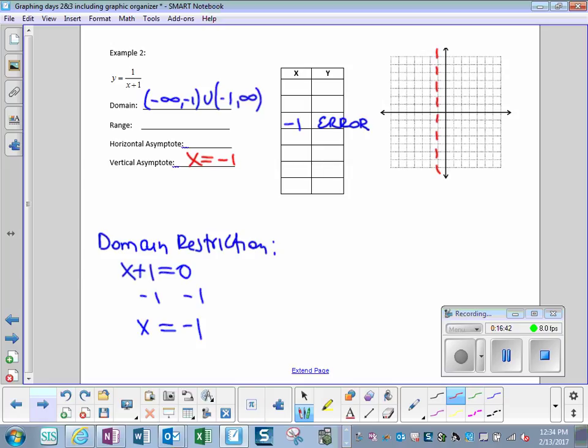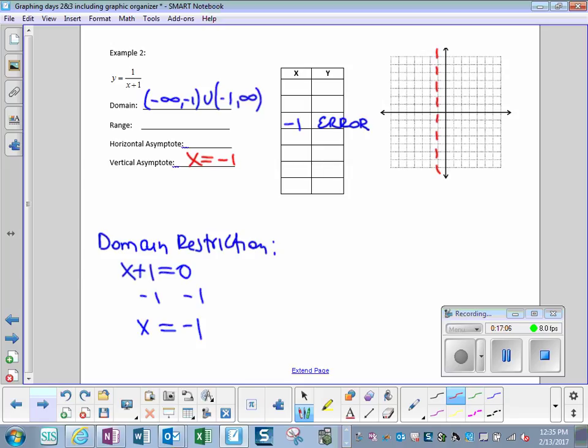Well, I can get -1. But my numerator of the fraction is 1. Whatever I divide it by, I will never get what? 0. Because if the numerator is a positive number, whatever I put in the denominator, I will get some number. I can never get 0.